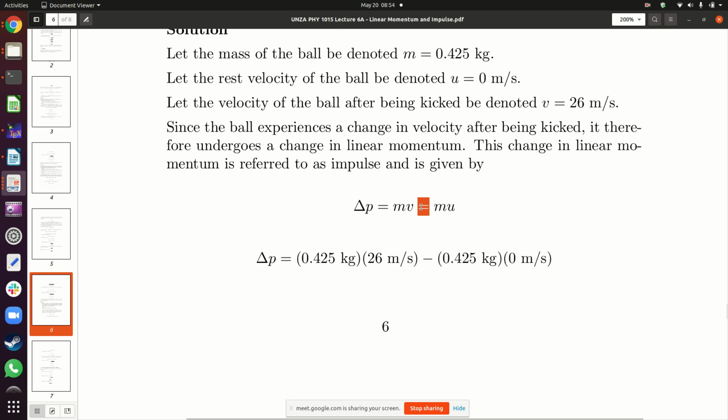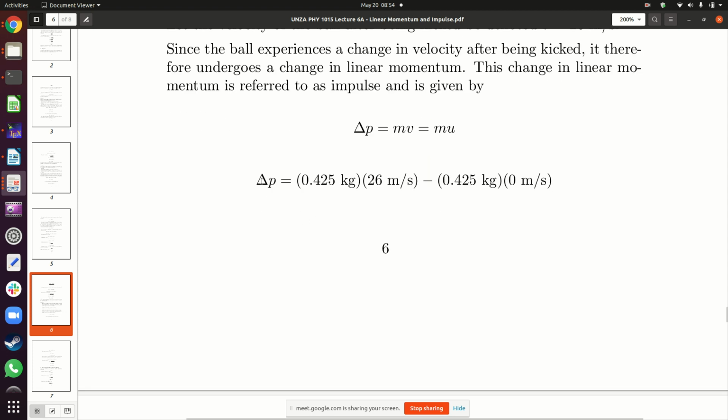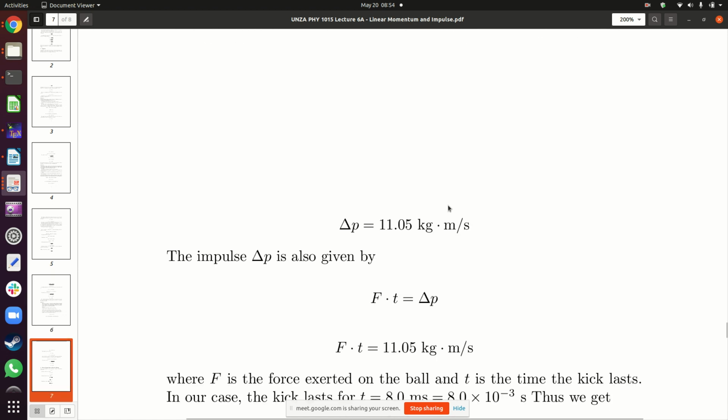This is supposed to be a minus sign here. We end up with a change in momentum equal to 11.05 kg meters per second. So you can see in this case the change in momentum is positive. It means that the ball has gained momentum. The motion of the ball has increased.